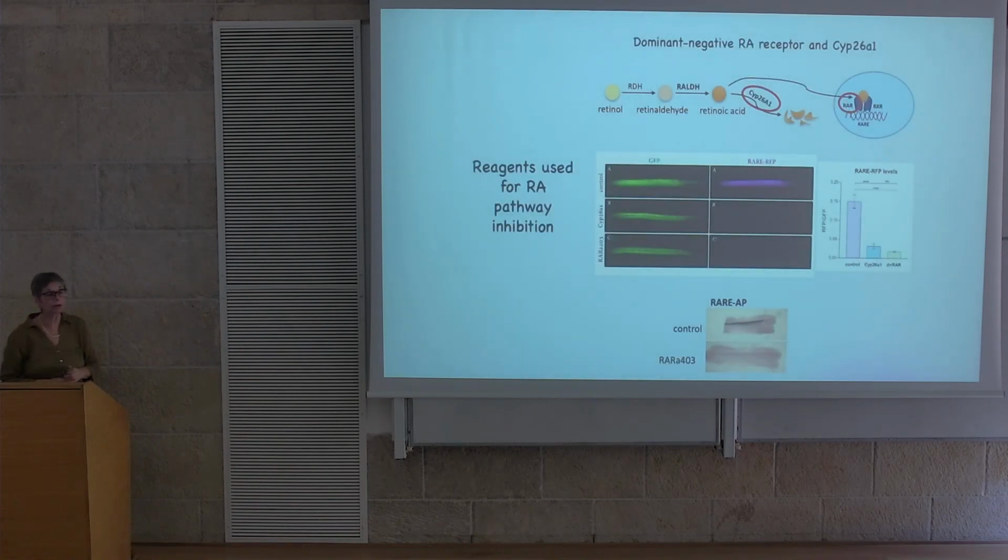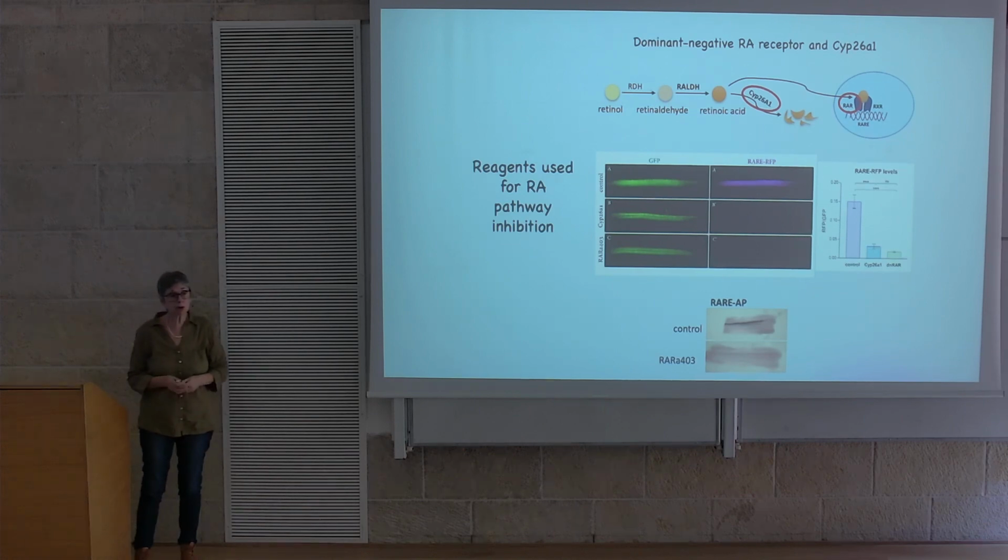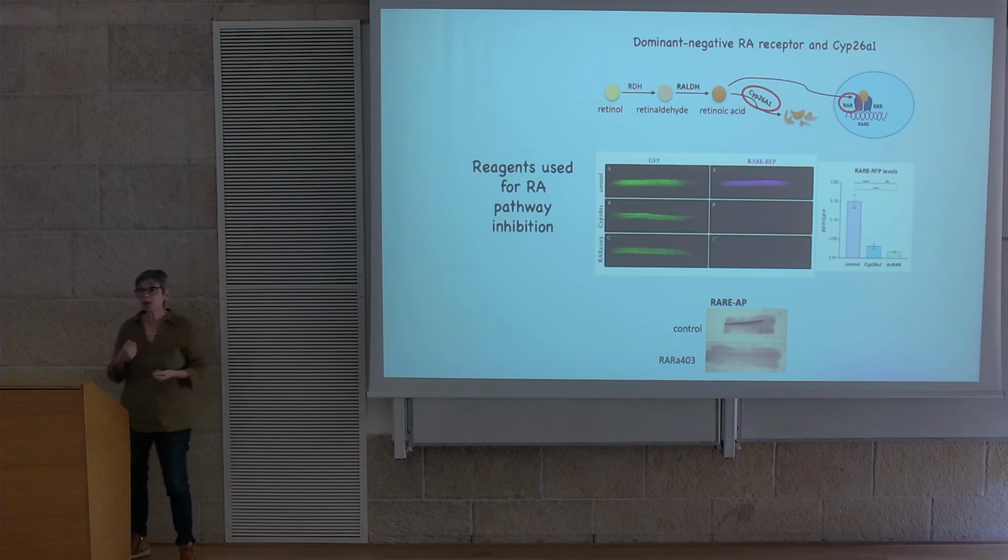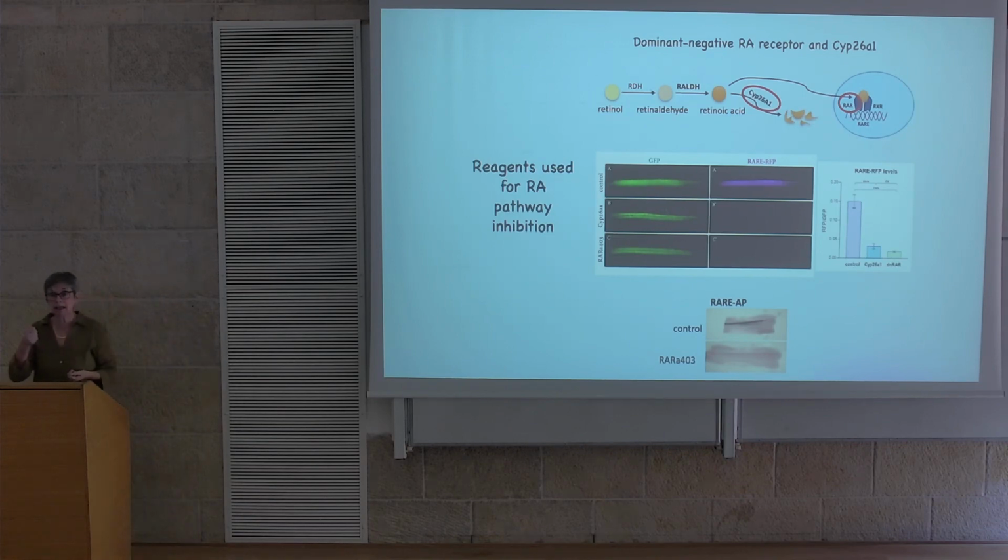So in order to analyze such a hypothesis, what we did is we adopted a loss of function approach by which we inhibited retinoic acid signaling locally, only in the dorsal neural primordium. You can do it in different ways, all of them very well proven. We did it by two means, by misexpressing in the embryo.